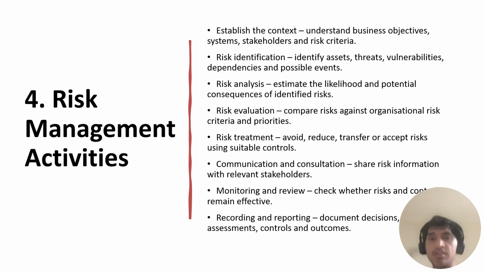The other one is risk analysis, which is to estimate likelihood, potential impact, and priorities. The activities also include risk treatment: avoid, reduce, transfer, or accept risk according to suitable controls or conditions.